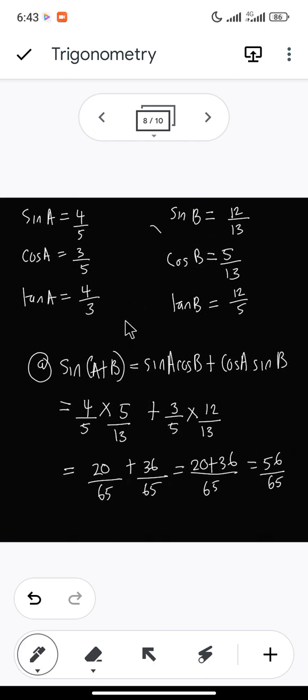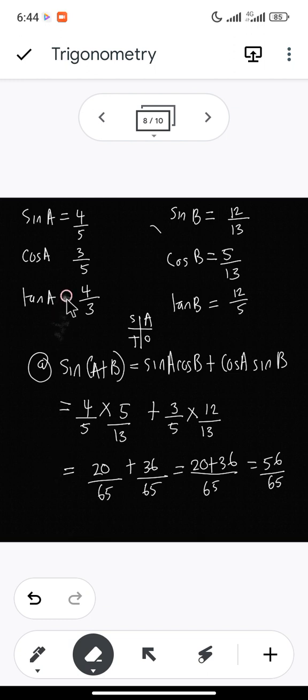Remember we said when an angle is obtuse, in CAST, only sine is going to be positive. Every other sign is going to be negative. So since A is obtuse, our cos is going to have a negative sign. Both our cos and tan have a negative sign. So this is going to change to negative 3 over 5. This is going to change to negative 4 over 3.